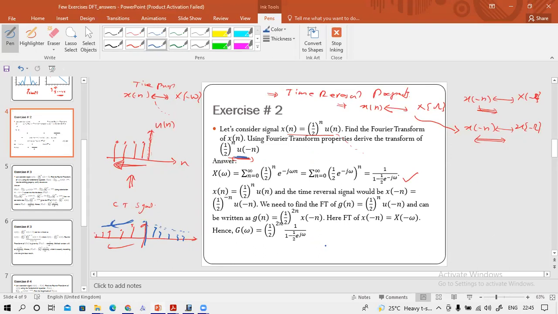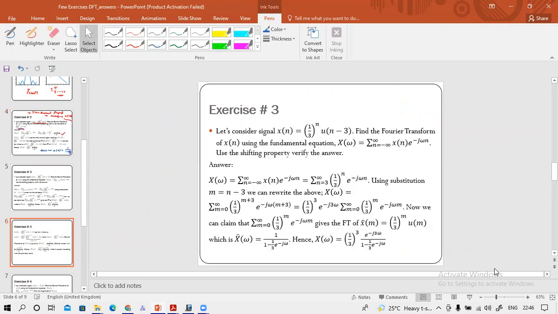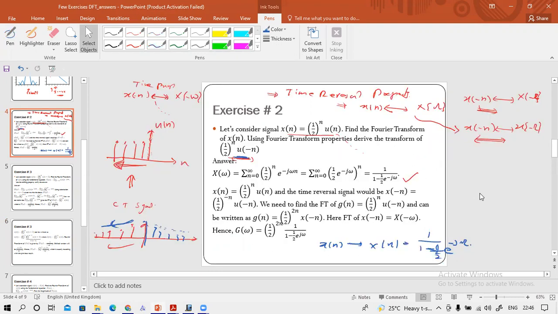So you already know x[n], and you have found X(omega) is equal to half e to the power minus j omega. And you are asked to use the time reversal property.